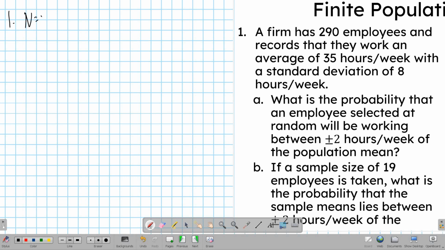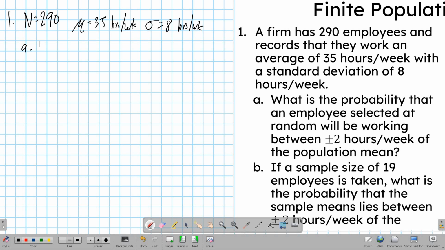So the firm has 290 employees, that's their population size, and the mean is 35 hours per week with a standard deviation of 8 hours per week. In letter A, we're asked what is the probability that an employee selected at random would be working within plus or minus 2 hours per week of the population mean.